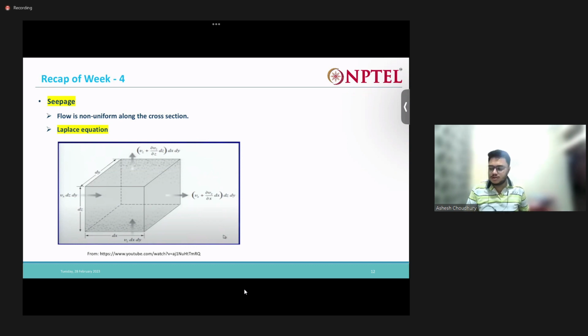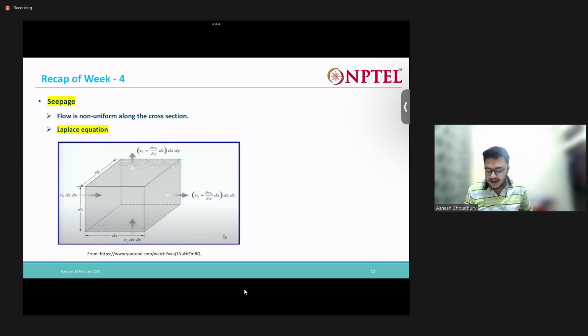So the next topic which we will be dealing with is seepage. Seepage is nothing but the flow of water through a soil mass. So what is permeability? Permeability is a property of the soil through which it allows the flow of water or any fluid through it.